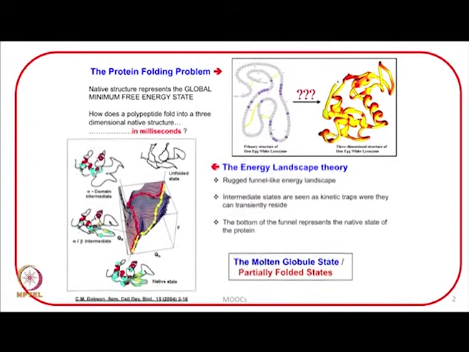Then we discussed that one of the most popular models used in explaining protein folding is energy landscape theory. And there I highlighted the molten globule state or partially folded states.